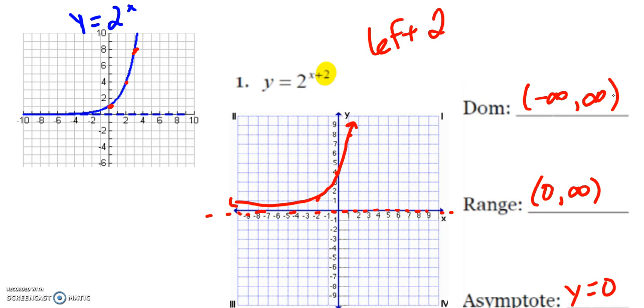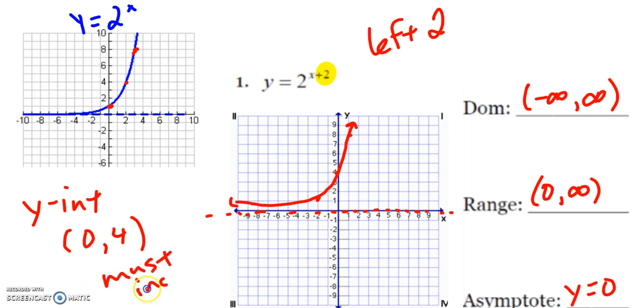It did, however, change my y-intercept. And we can visually tell here that our y-intercept is at the ordered pair 0, 4. Please note whenever you're graphing any of these, you must include the asymptote to get full credit. You've got to put that dotted line in there to represent your asymptote.